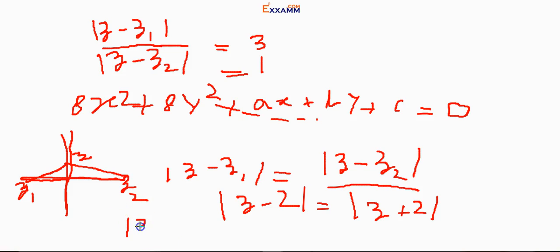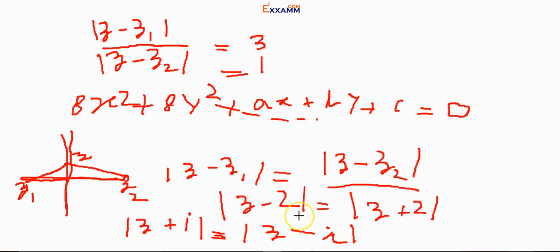So when we say modulus of z plus i is equal to modulus of z minus i, then where would z lie? z would lie on the perpendicular bisector of the line joining minus i and plus i.